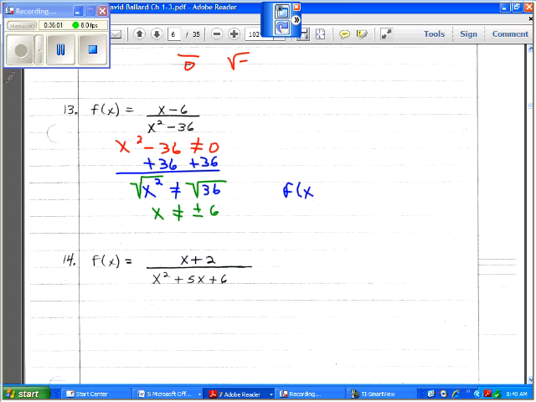F of x is not continuous at negative 6 and 6. F of x is not continuous, I should say, at x equals 6 and x equals negative 6.